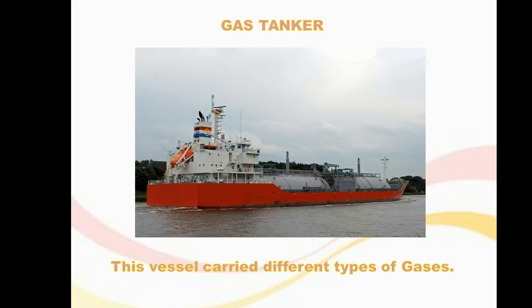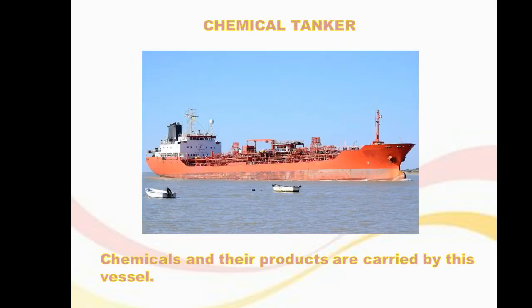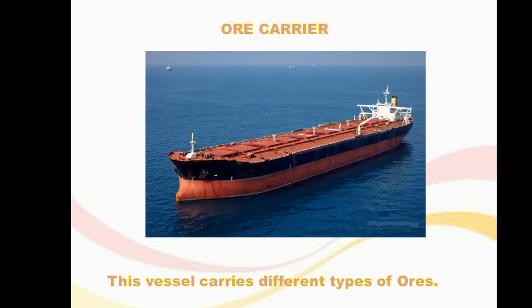There are gas carriers. Different types of gases are carried, and these generally go from port to port on fixed schedules. And there are chemical carriers, parcel carriers, that carry different parcels of chemicals, and there are ore carriers which carry ore.